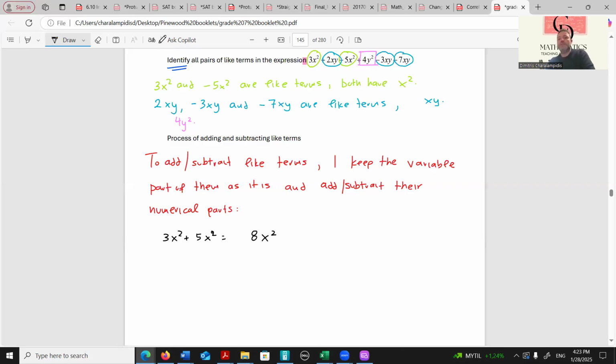So the answer is 8x squared. 7xy plus 3xy. Once again, not xyz, xy. Once again, the common variable part is the xy, so the result should definitely include this one. And then we should be adding their coefficients. 7 plus 3 is 10xy.